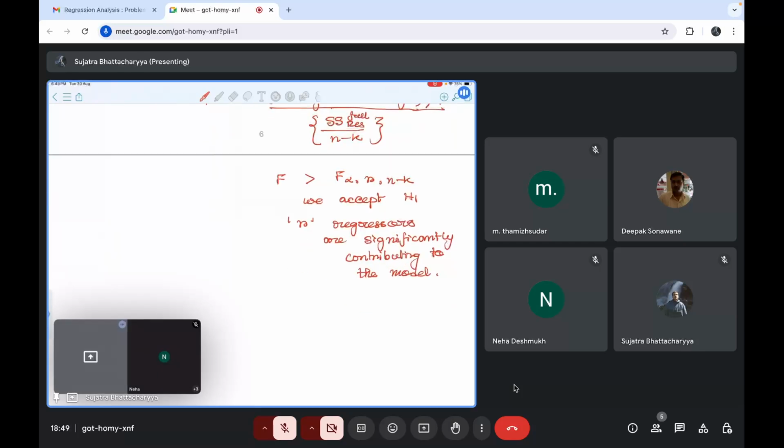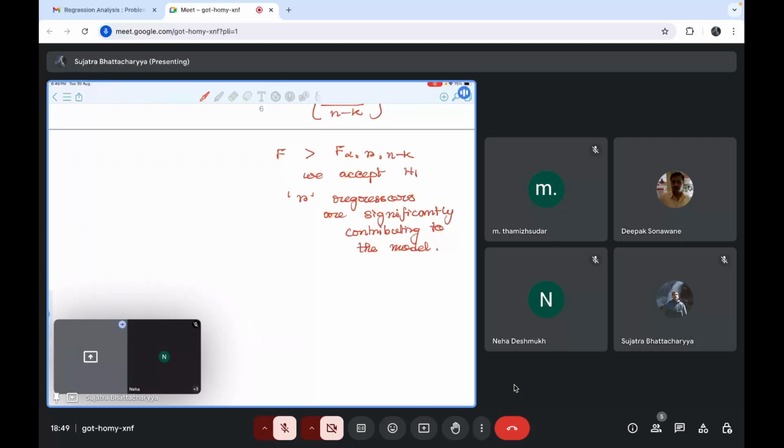I will come to one question, not exactly related to the extra sum of squares, but to understand how to test one regressor in the presence of other regressors. Generally you will find F of, say, x1, one regressor x1 in the presence of x3. How will we test?